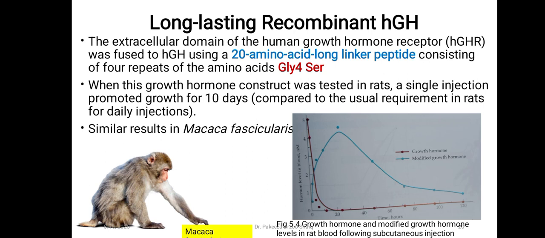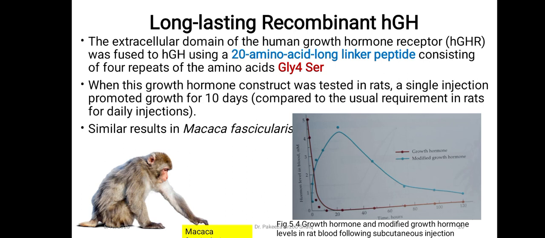Macaca are actually monkeys. You can see here the picture for the macaca is also shown. Look at the graph, which indicates how the growth hormone and the modified growth hormone levels were observed in the rat blood following the subcutaneous injection of the relevant recombinant human growth hormone.